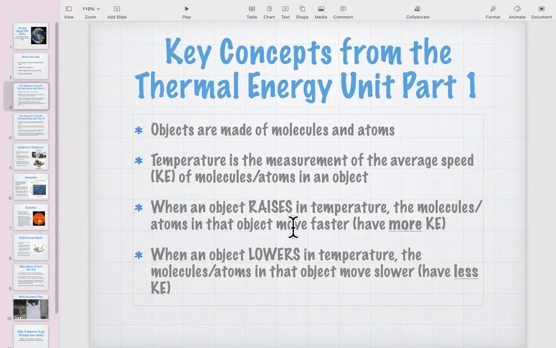When an object raises in temperature, the molecules and atoms in that object move faster, aka they have more KE. When an object lowers in temperature, the molecules and atoms move slower, and that means they have less kinetic energy. So the higher the temperature, the faster they're going, or the more KE they have. And the reverse, the lower the temperature, the slower they're going, or the less KE.